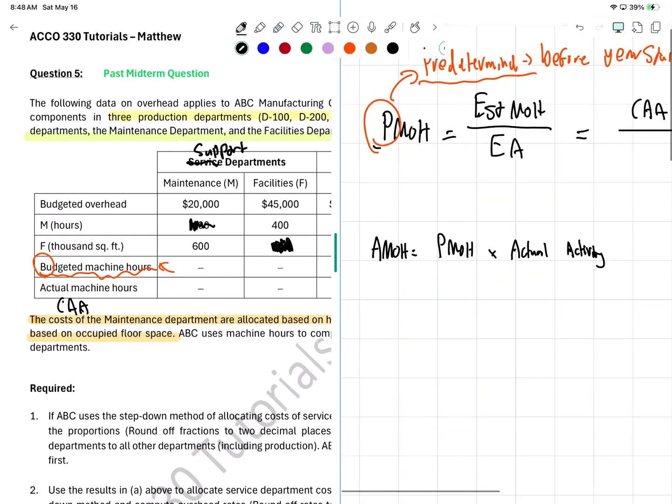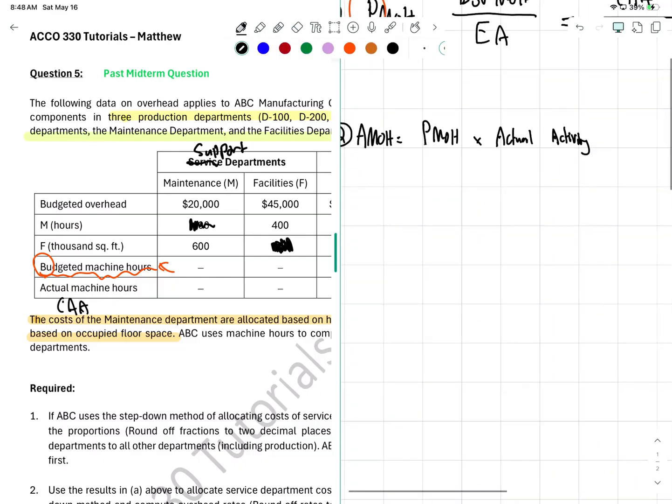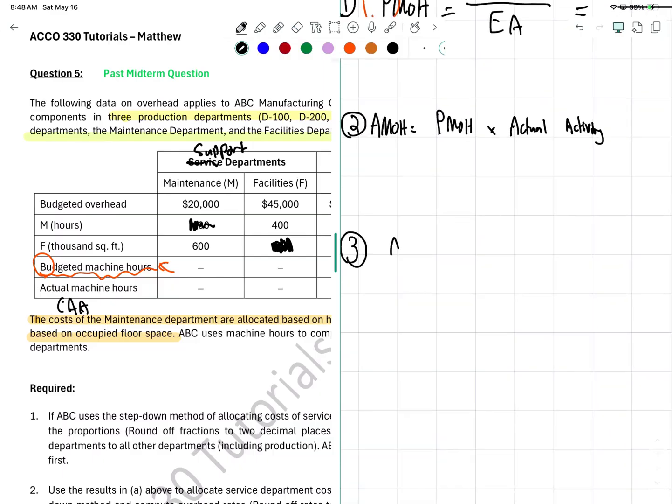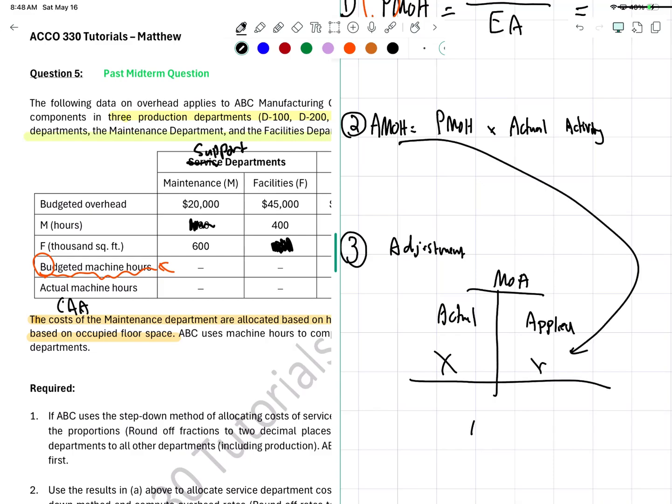And then, this goes way far back to Com 305, but just so I could tie the story together, at the end of the year, you basically do your adjustment with overhead. But that's literally not even in this course, but I feel obligated to tell it to you just so you don't think I'm a snake oil salesman. You have your actual overhead, which is what the company actually spends. And then you have your applied overhead, which is what you calculated, and then you adjust. If you're over or under, this is underapplied, and this is overapplied. But this is not in the scope of ACCO 330.